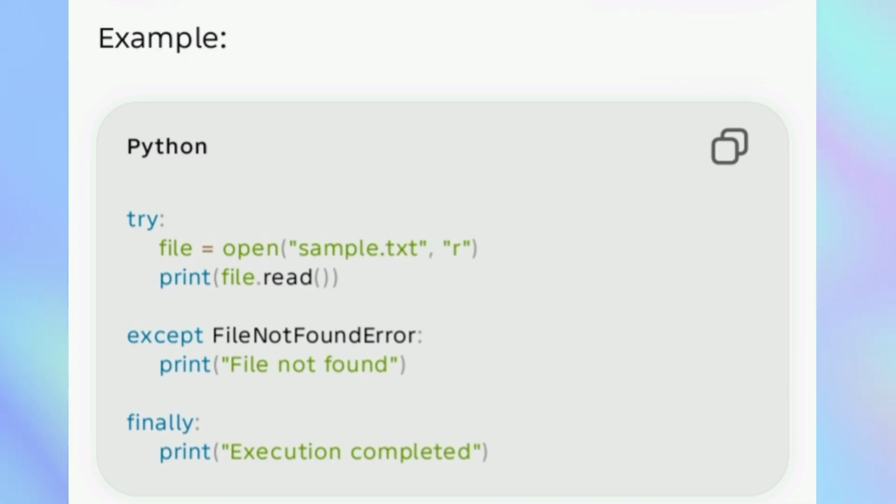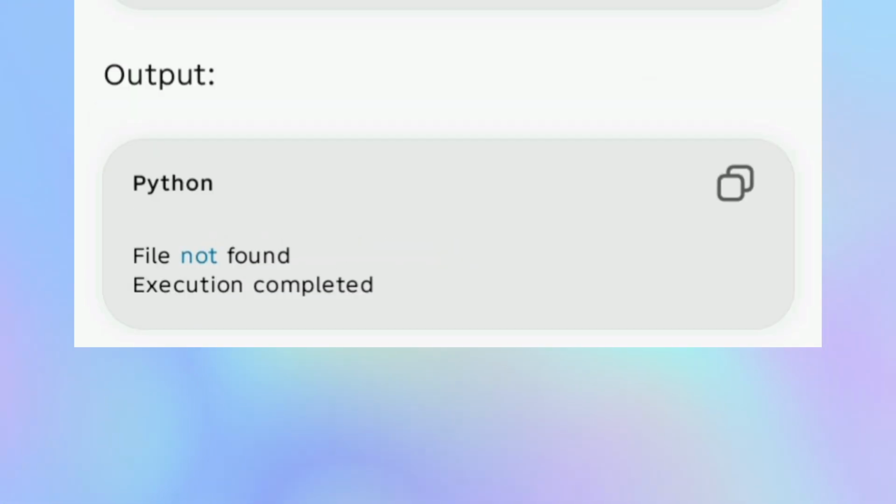Finally is always executed, and except handles the errors. Try is the risky code; whatever is going to execute is defined within the try block. Output: file not found, execution completed.